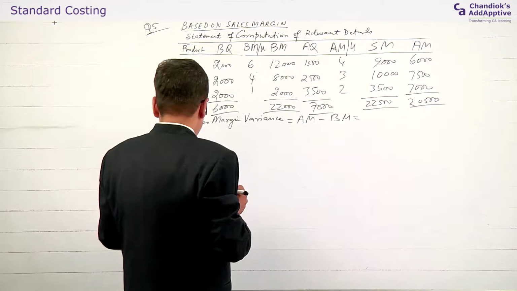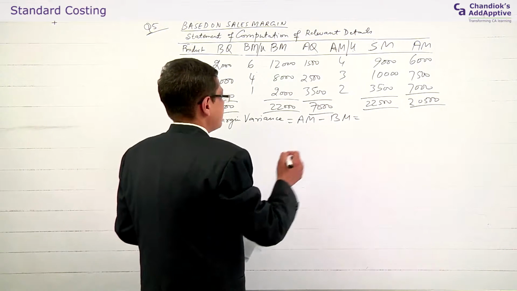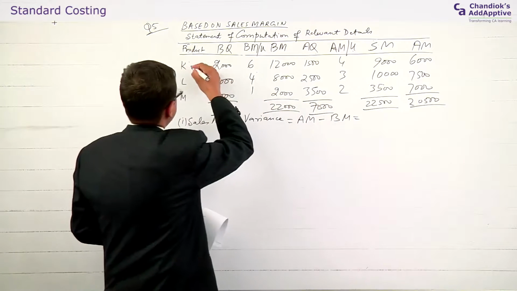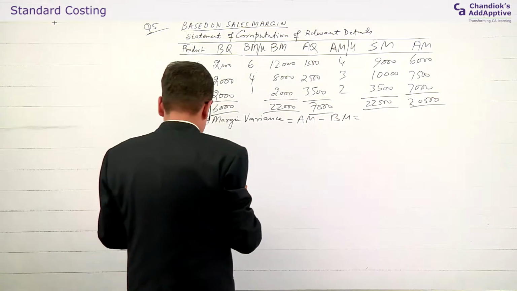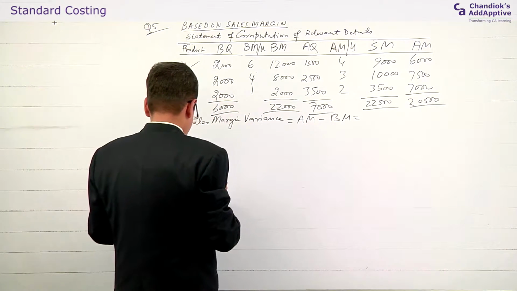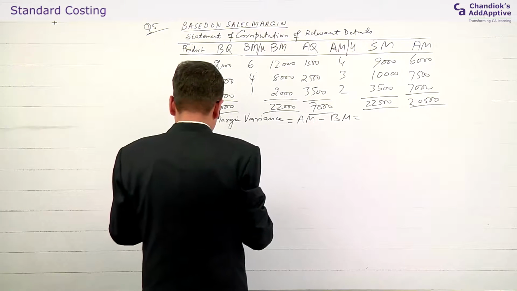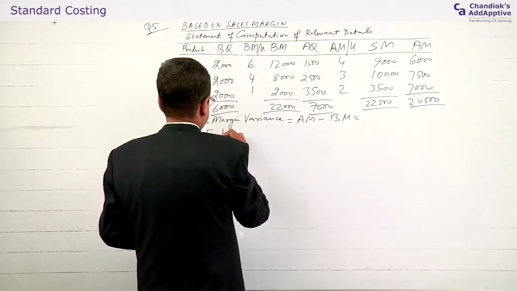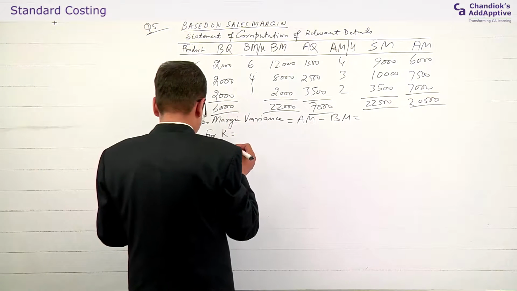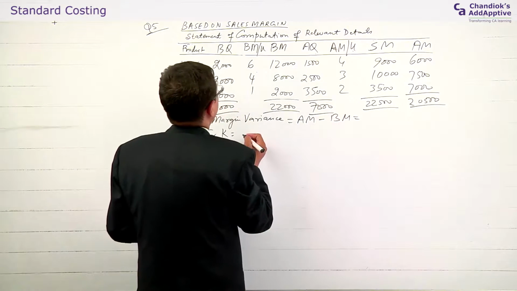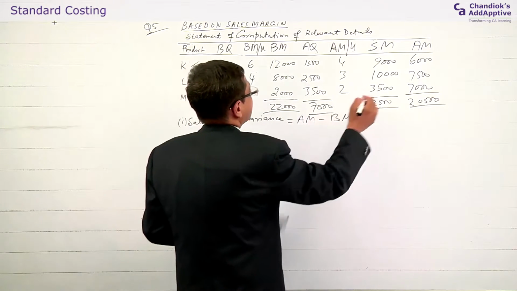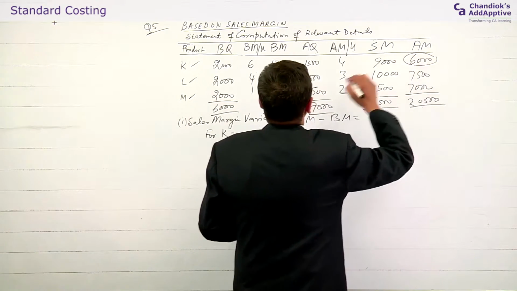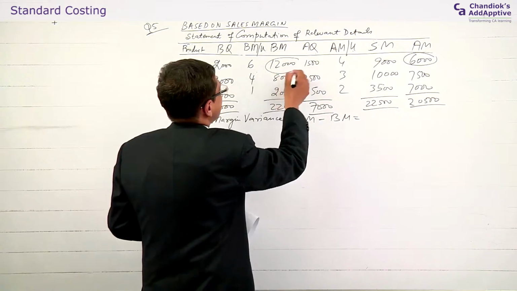You have to take up each of the products, that is K, L, M. So let us start working on that. So for K, you start with the first one. So this is how much? You see actual margin is 6000 and budgeted margin is 12,000.